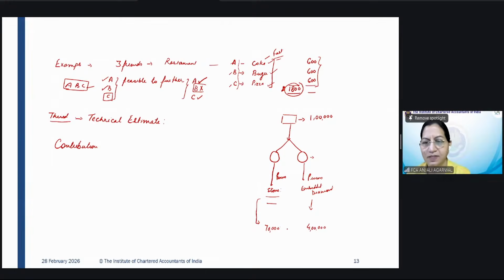If you take the sales value and you don't know the further processing cost, it becomes the market value after further processing.